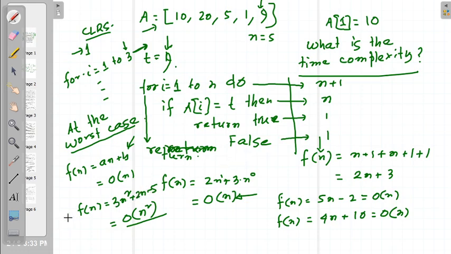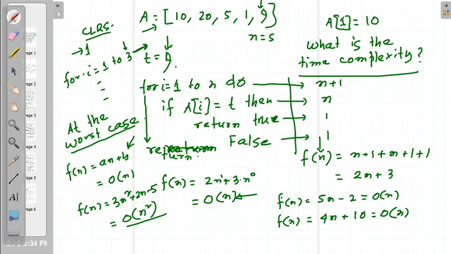Then also we write that f(n) equal to order of n square, right? So any form f(n) equal to an square plus bn plus c will be in order of n square. So from here we can frame a definition, okay, and that is exactly given here, okay?